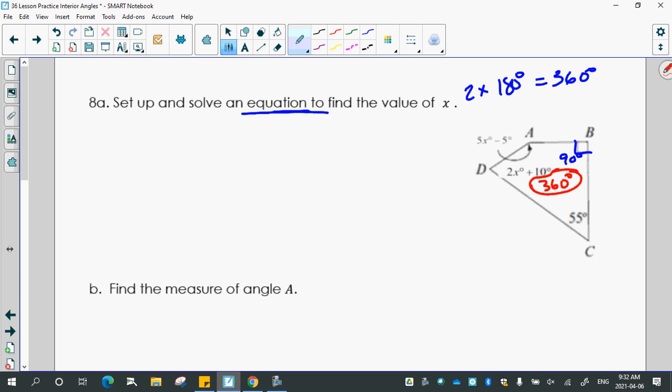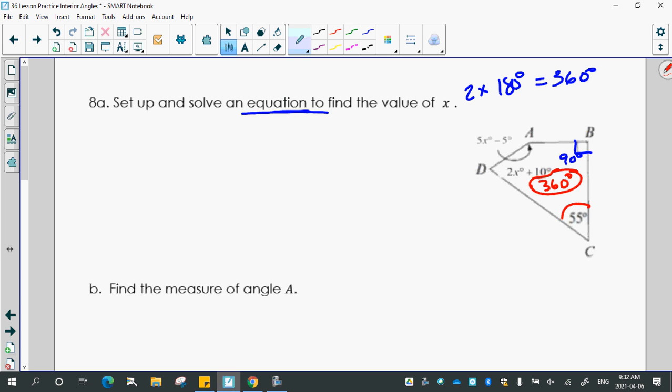If you had a line from AC, would you make 2 right triangles? No, just this would be a right triangle. This one wouldn't be. So if I add up every single angle, it's going to give me 360. That's how I make my equation.